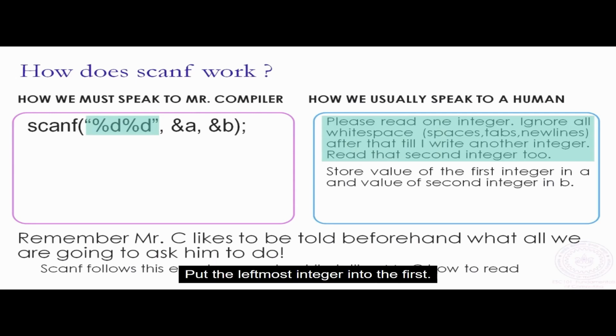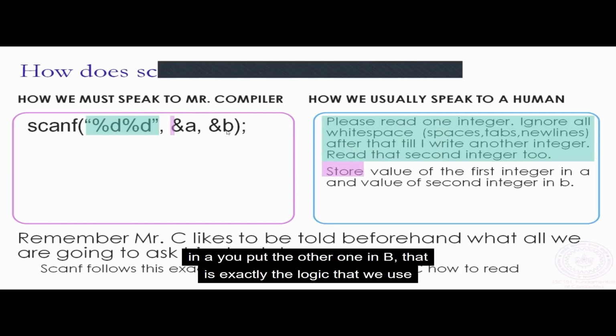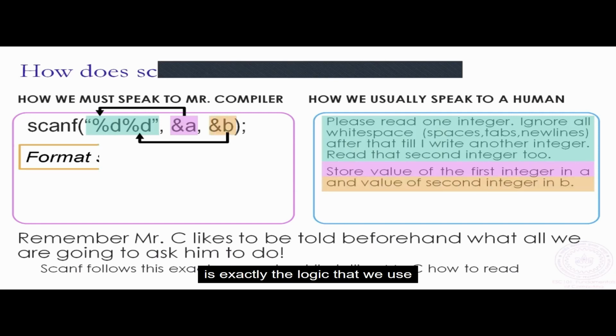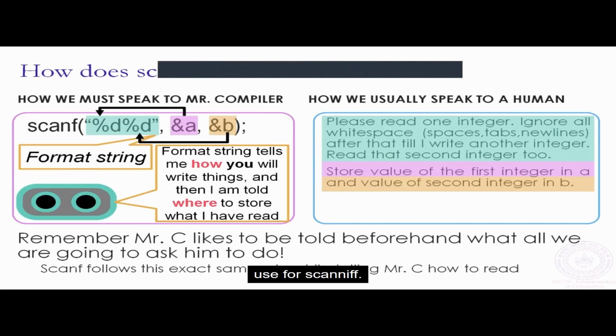Put the leftmost integer into the first variable that you encounter in the list that follows the format string. That happens to be %a, so you put it in a, you put the other one in b. That is exactly the logic that we use for printf. That is exactly the logic we use for scanf.